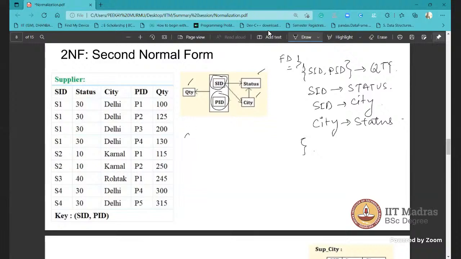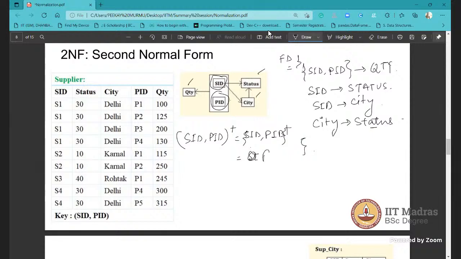So SID and PID combined, find the closure of that. After that, SID to status and city, and city to status.